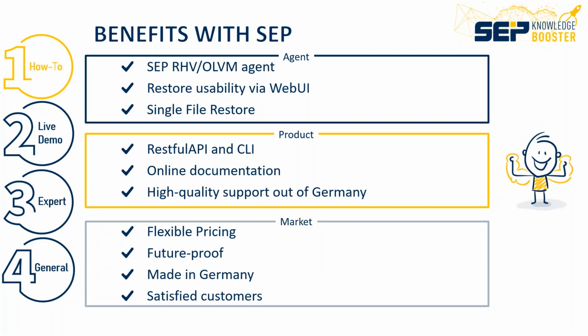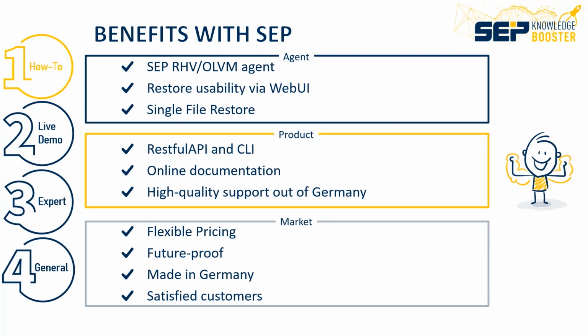Then SEP, as a product made in Germany, helps to really comply with the GDPR and all these kinds of official regulations. And we also have a paper available on our homepage dealing with this topic, created by a famous IT lawyer, and how SEP can be helpful to comply with these regulations.